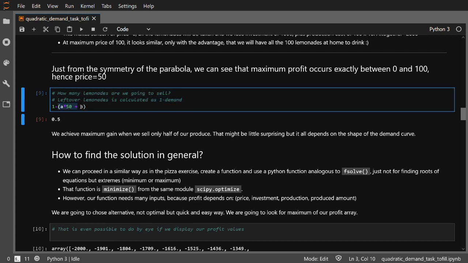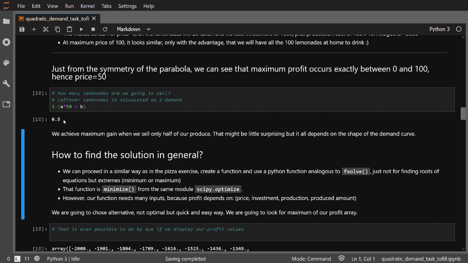Our demand is our linear equation, and we are at price 50. So if we put the price equal to 50 and subtract from 1, we are going to get the fraction, which is 0.5. So we are going to achieve maximum gain when we sell only half of our produce.